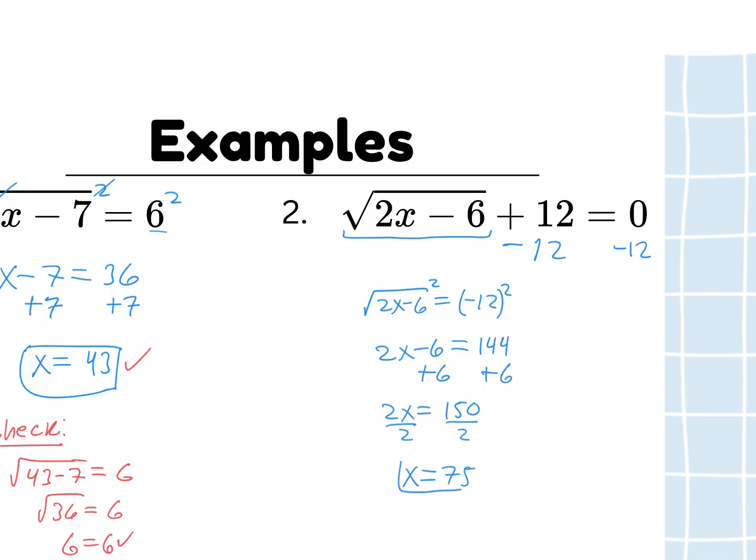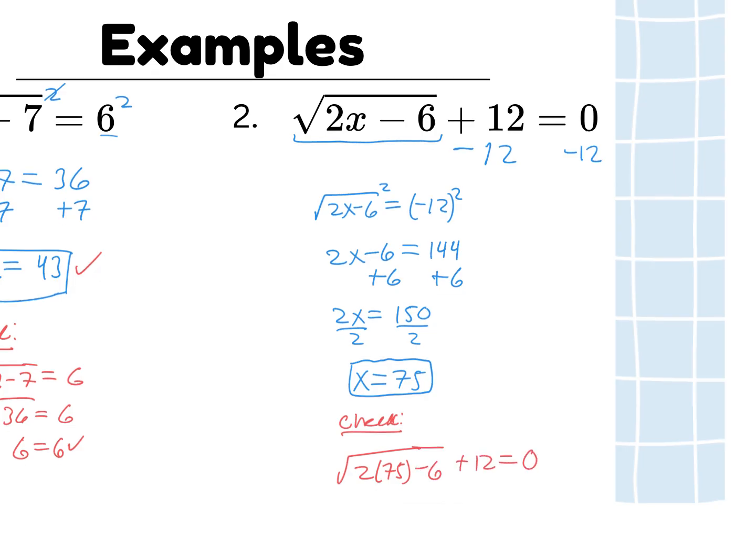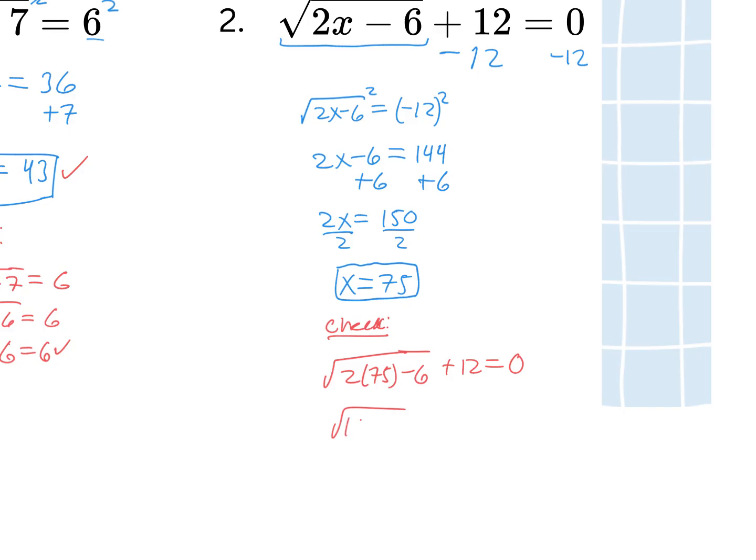So we did all of this, and our math makes sense. We just need to plug this back into the original equation to check. Our check: I get the square root of 2 times 75 minus 6 plus 12 equals 0. So the square root of 150 minus 6 plus 12 equals 0.